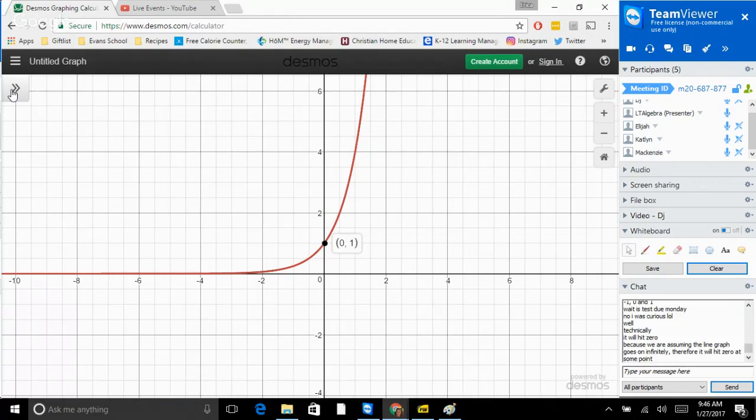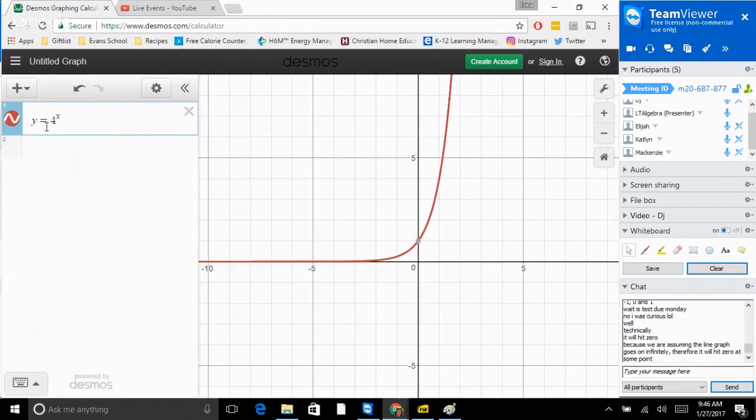So why is that? Well, my function is 4 to the first power, and 4 to the first power is just 4. So that's why when you go to 1 on your graph, when x equals 1, y equals 4, which makes sense, right? 4 to the first power is 4.